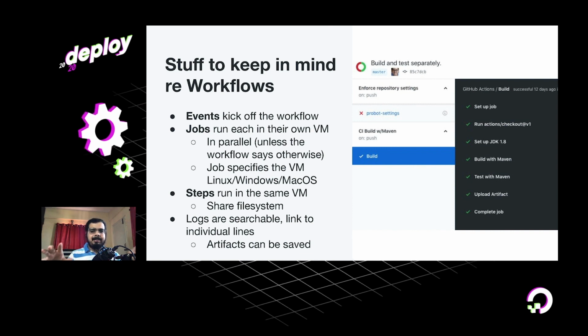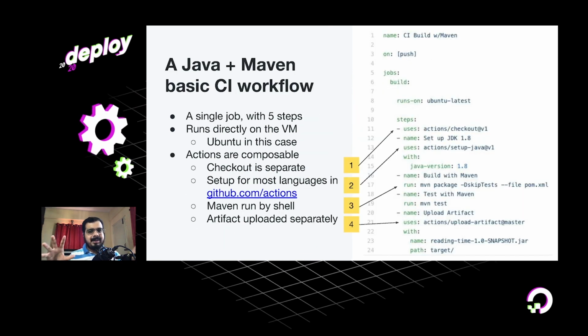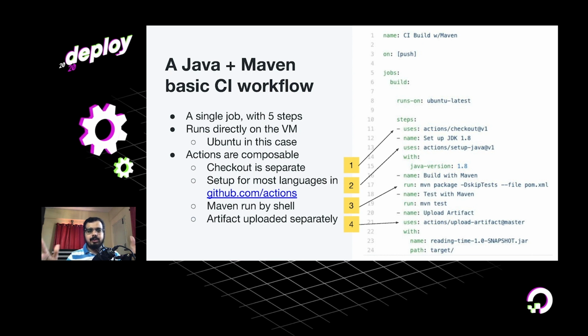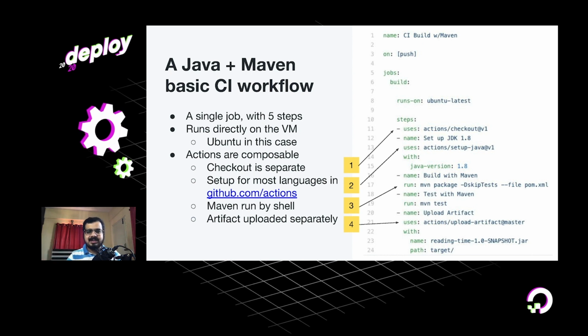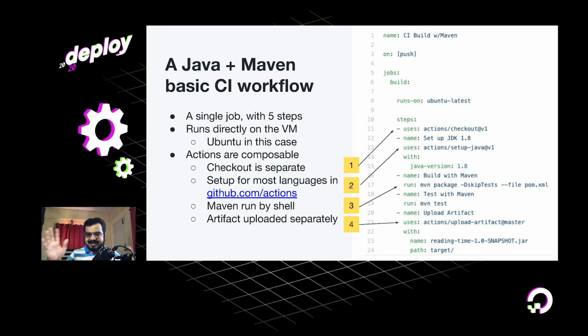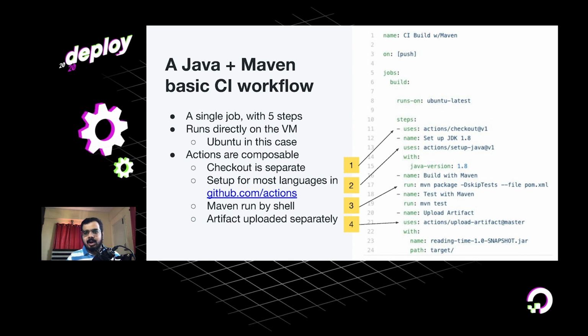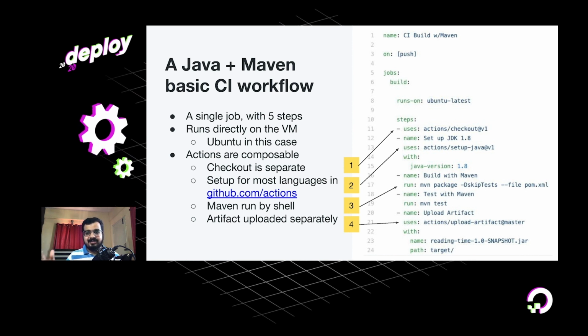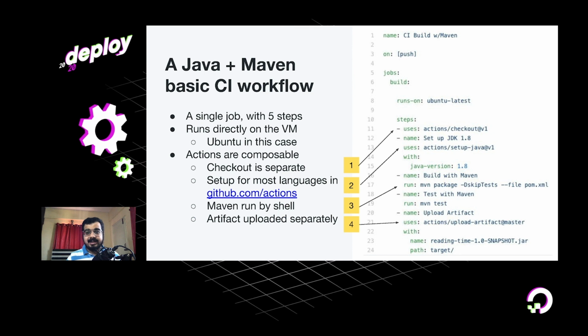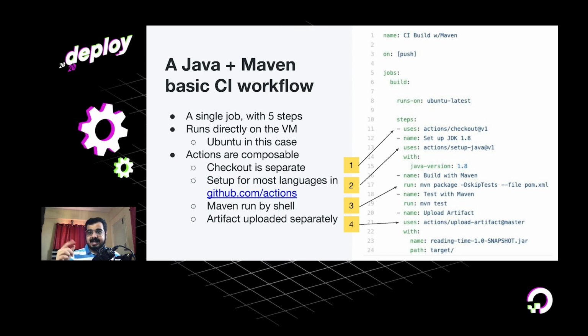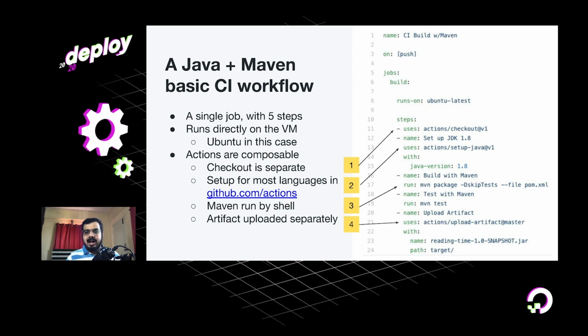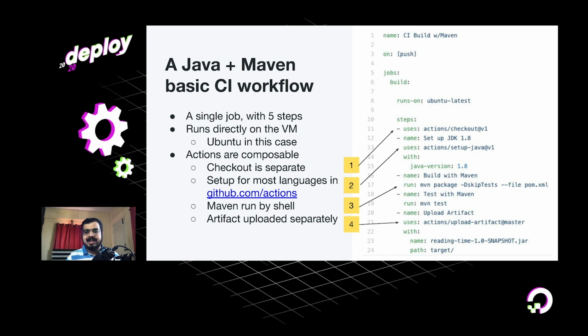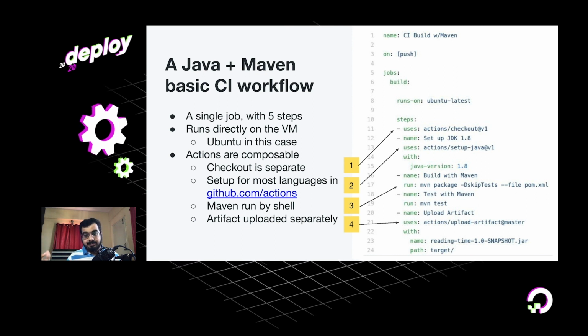So here's an example of a basic Java plus Maven, a basic CI workflow, just to give you a feel of how it is. If you look at it, it's a single job, which is called build, and it has 5 steps. You can see that it runs directly on the VM, in this case, Ubuntu latest. And then you can also see that the actions are composable.